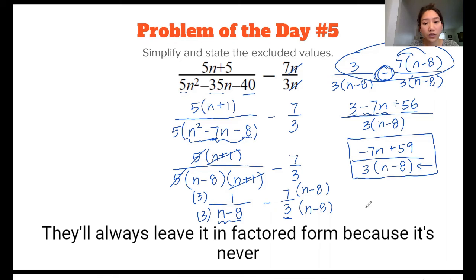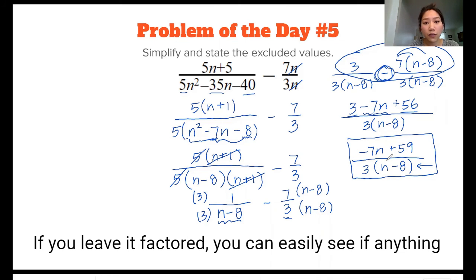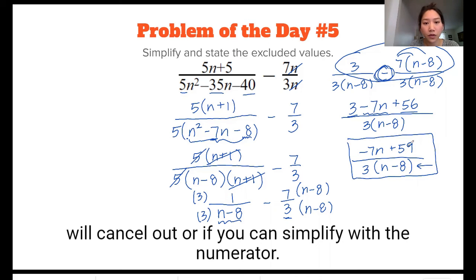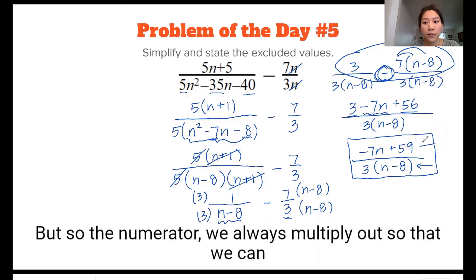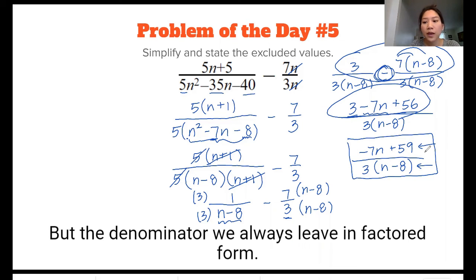They'll always leave it in factored form, because it's never really advantageous to multiply it out. If you leave it factored, you can easily see if anything will cancel out, or if you can simplify the numerator. But the numerator, we always multiply out, so that we can combine like terms. The denominator, we always leave in factored form.